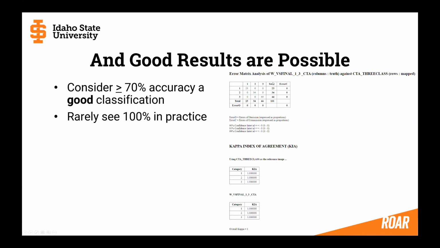We only had 3 different classes and a relatively small study area or project area, but it did a great job. Probably wouldn't have done so well if we didn't create those NDVI and the PCA, and probably wouldn't have done so well if we didn't use CTA. But it did a really nice job for us once again.